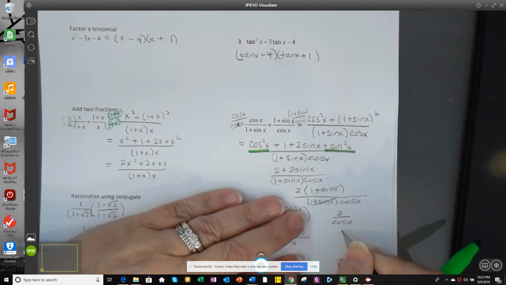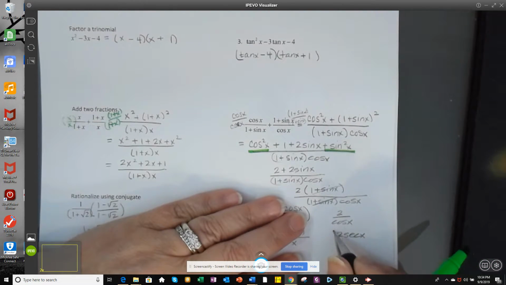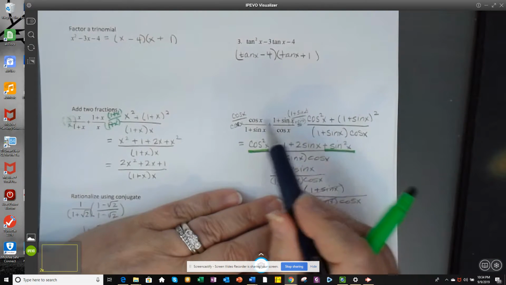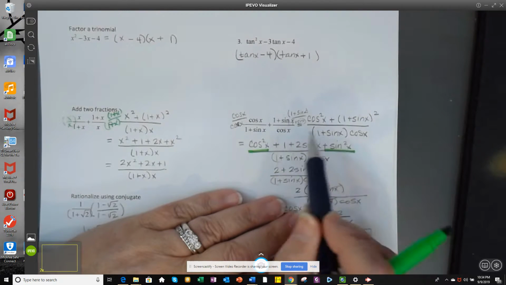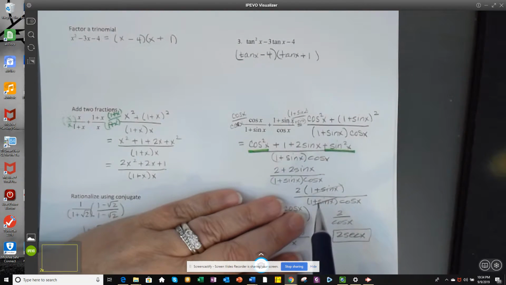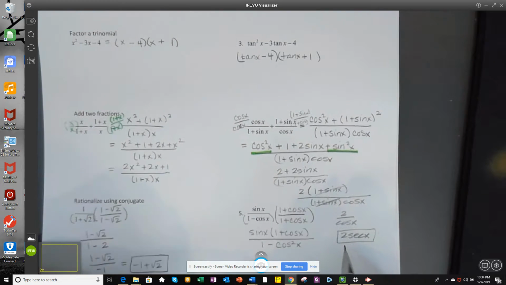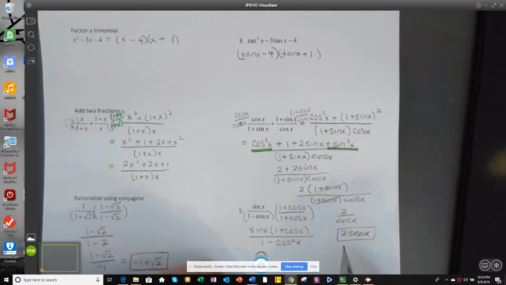But 2 over cosine is even simpler when I express it like 2 secant x, because 1 over cosine is equal to secant. So all of this madness here, where I'm adding 2 fractions that are a lot more complicated, using my trig identities, I can break it down and simplify it into a single trig function, which is really nice.